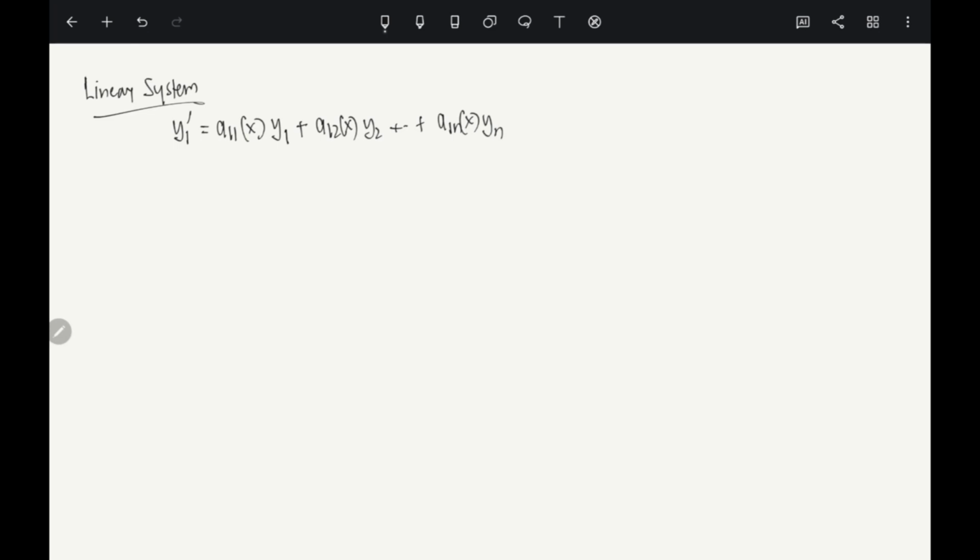There are n functions yi from (a,b) to R, which are unknown.